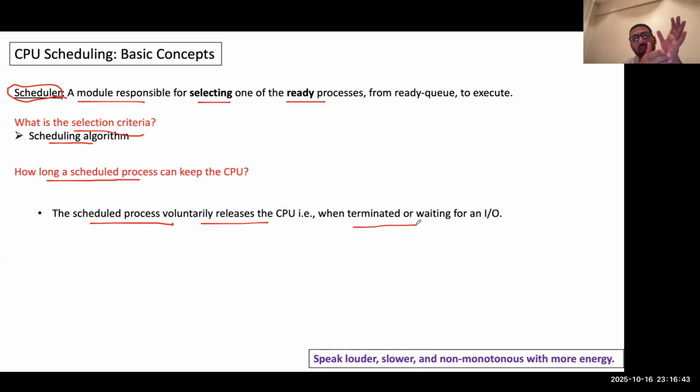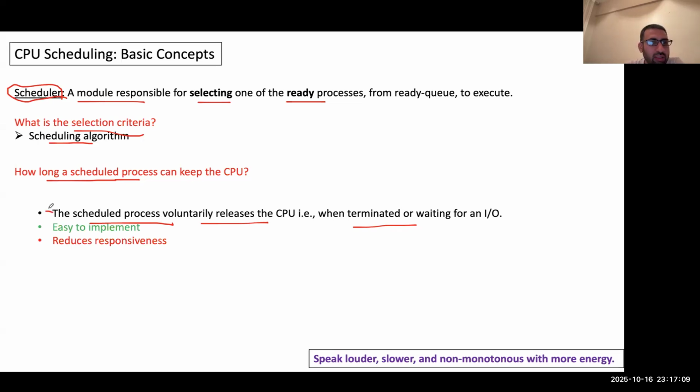So when it is done with the CPU burst and the computation and starts waiting, it can voluntarily release the core or the CPU, right? Or when it is done completely with its execution and it is time for the thread to terminate itself, at that point it can release the CPU voluntarily, right?